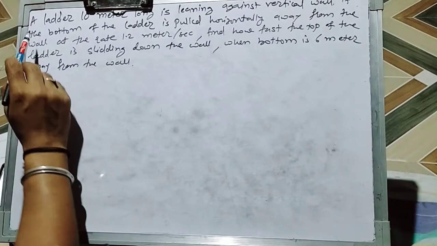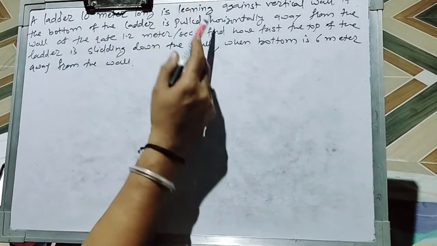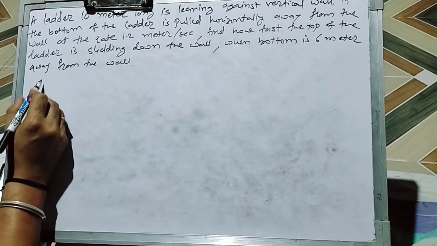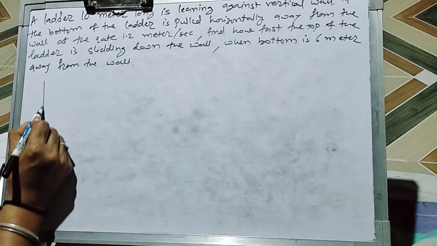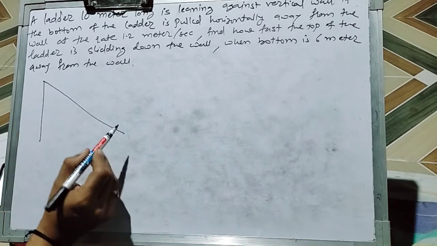Next example: a ladder 10 meter long is leaning against a vertical wall. So here this one is our vertical wall and this is our ladder.